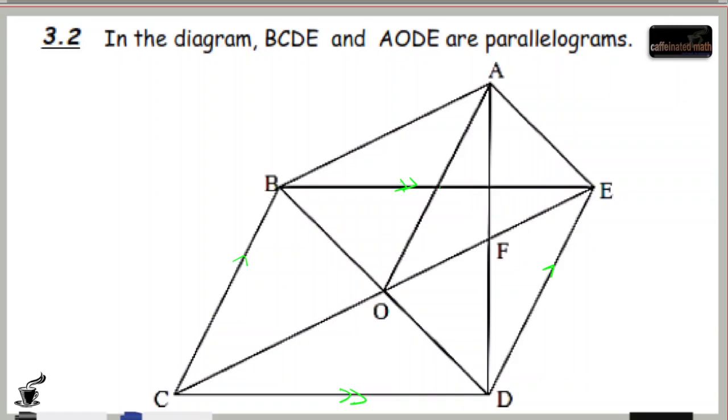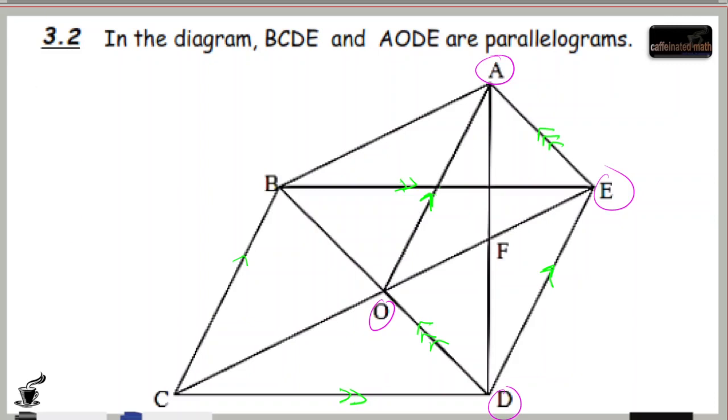Need a new color. Here's A, here's O, here's D, that's E. So you get our green back and understand that that is also a parallel line. And then these three. So that gives us a bit to work with.